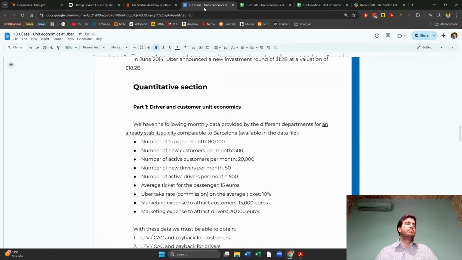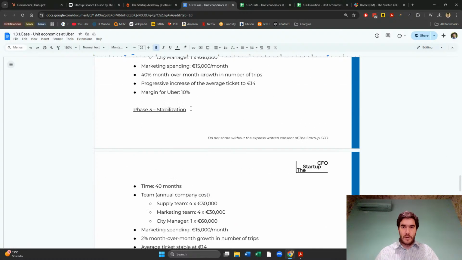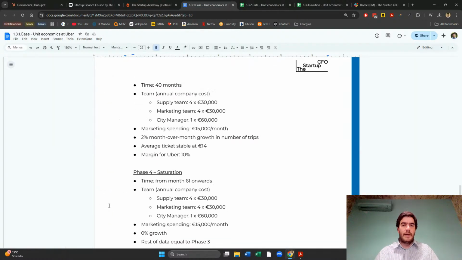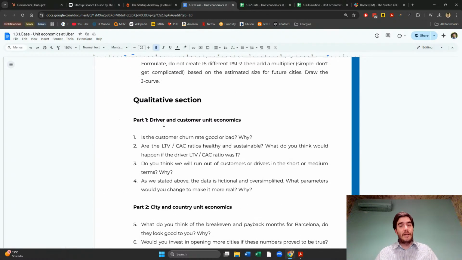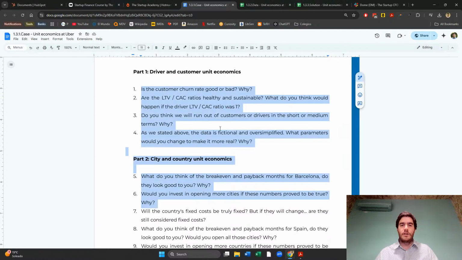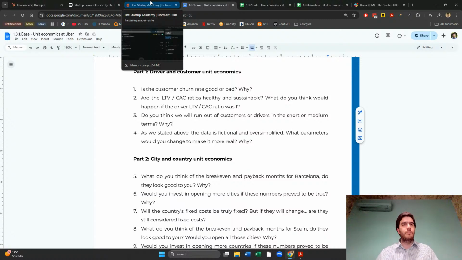This is relatively painful, but you will learn a lot. Another way is to understand the quantitative section while looking at the solution already, and then reply to the qualitative section. In order to get credits, you need to send us the answer to the qualitative section or connect to the live class. Okay.